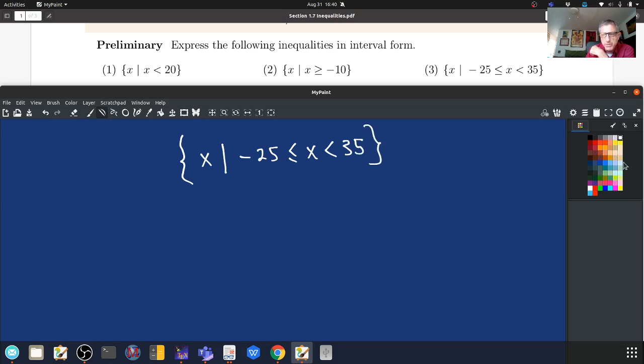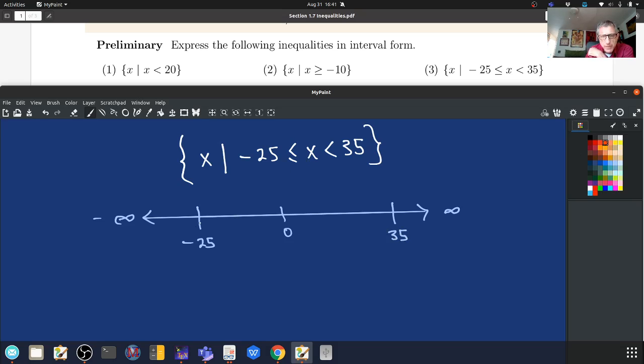So again, we draw our number line, indicate that it goes on forever in both directions. Here, if you want to put 0 right there, that's fine. Somewhere down here, you want to put minus 25, and somewhere up here, you want to put 35. It doesn't matter the scale. Again, this is just a schematic.